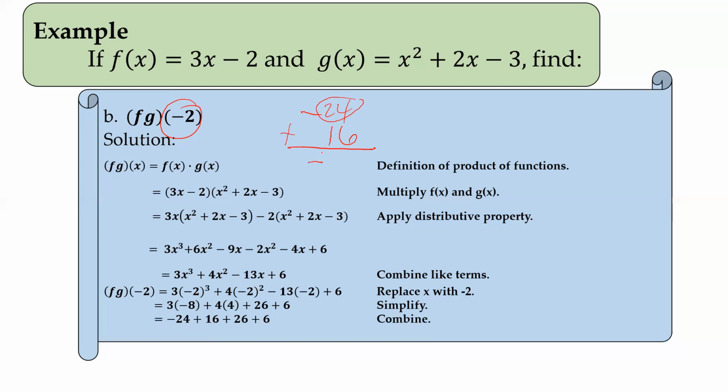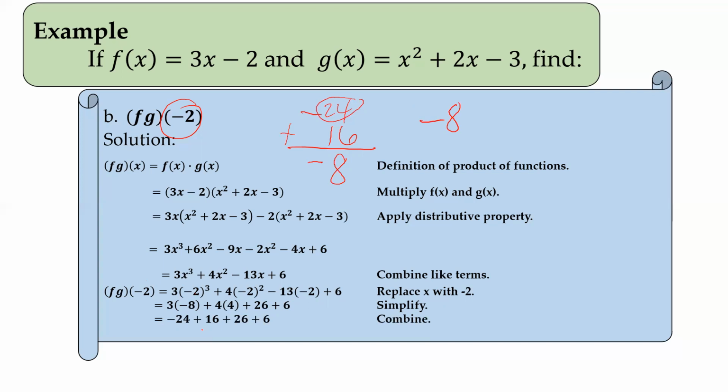Therefore, your answer is negative. So 24 minus 16 would give you negative 8 kasi nakalagay na po yung negative dyan kasi you have to follow the biggest number sign. We have here negative 8. So, negative 8.